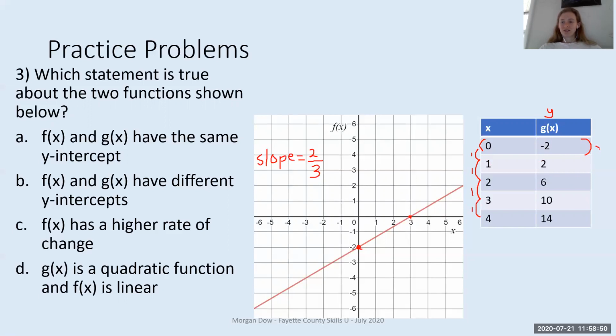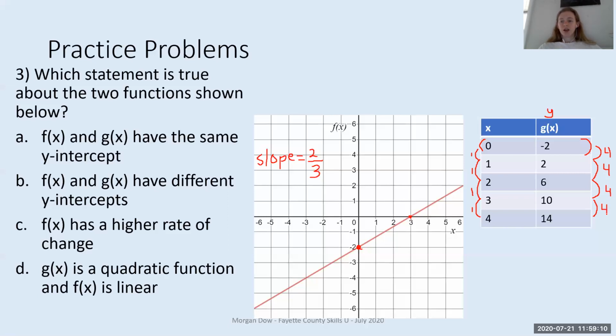Okay. -2 to 2 is an increase of 4. 2 to 6 is also an increase of 4. Again, it looks like we got a pattern going here. 6 to 10, that's an increase of 4. And 10 to 14 is an increase of 4.